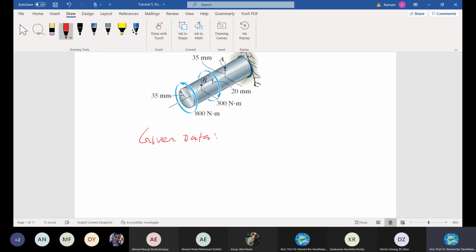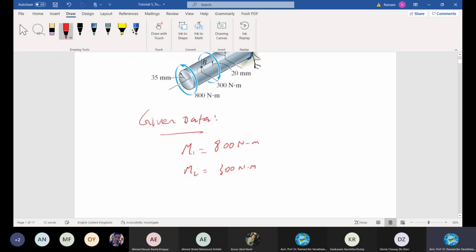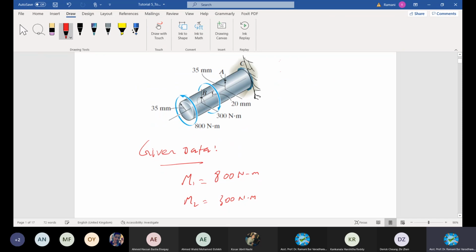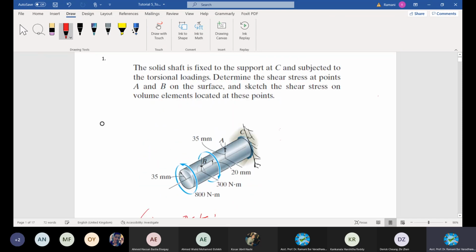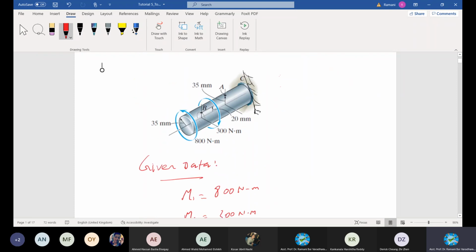You are given two moments, locations not given, but moments are given. Moment 1 is 800 Newton meter, at some location, let it be M1. M2 is equal to 300 Newton meter, and then you have the two locations asked and fixed at C, A and B, and then points.